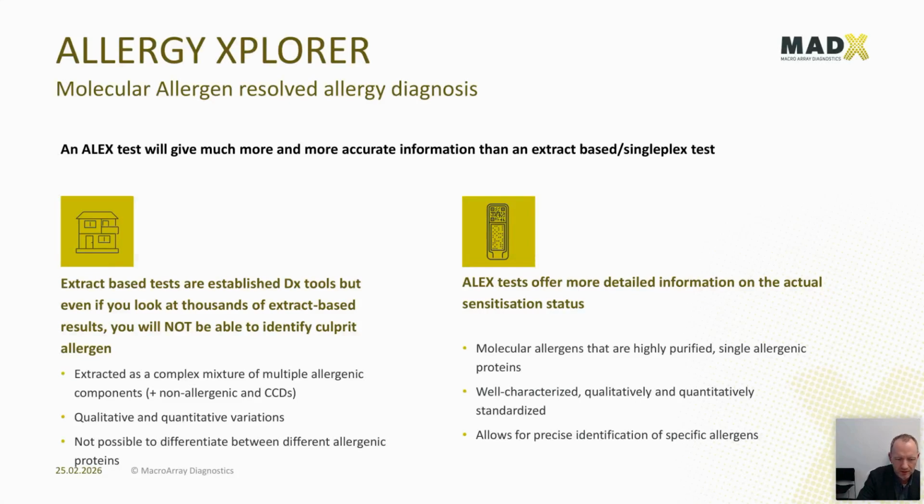The benefit of the molecular allergens is they're typically well characterized and qualitatively as well as quantitatively standardized, which increases the accuracy as well as reproducibility of the assay. And this ultimately allows for a more precise identification of the specific allergen, which then translates into more personalized allergy management and treatment.